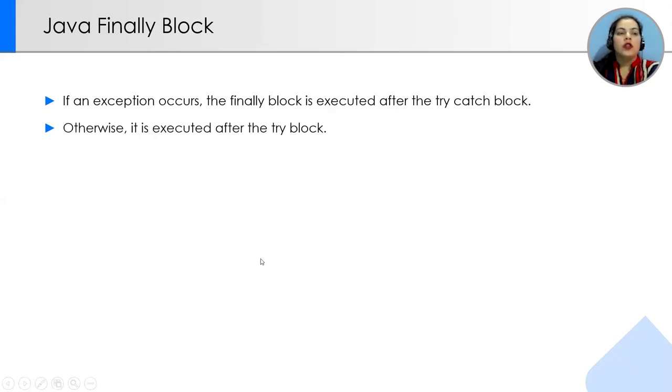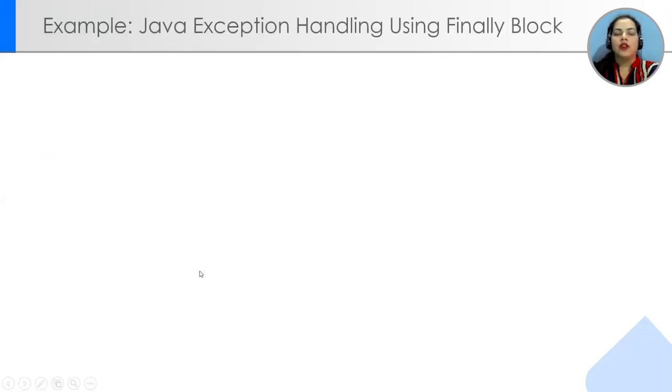If an exception occurs, the finally block is executed after the try catch block. Otherwise it is executed after the try block. For each try block, there can only be one finally block.